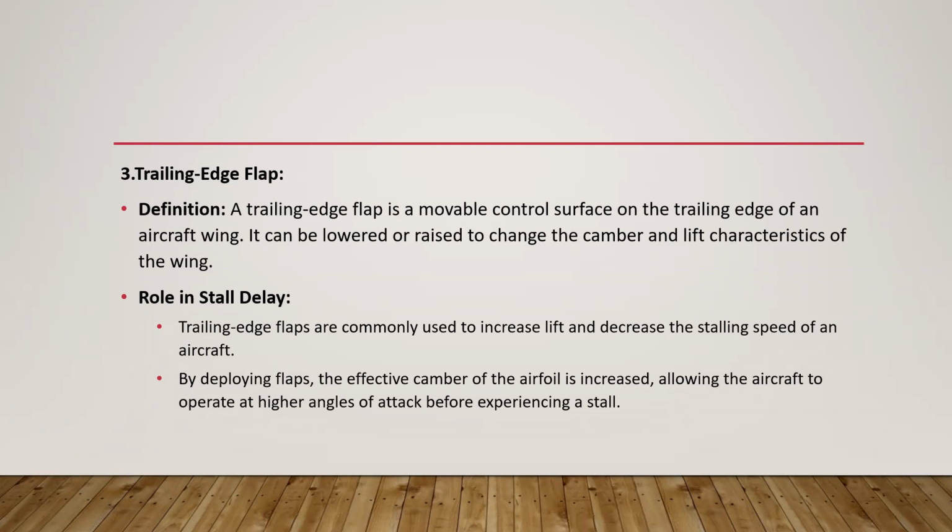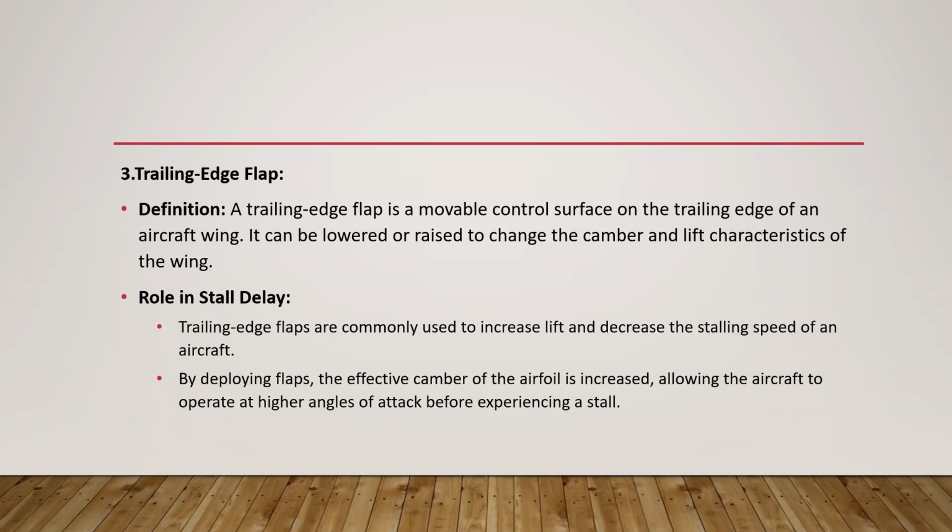In stall delay, trailing edge flaps are commonly used to decrease the stalling speed of an aircraft. By deploying the flaps, the effective camber of the airfoil is increased, allowing the aircraft to operate at a higher angle of attack before experiencing a stall.